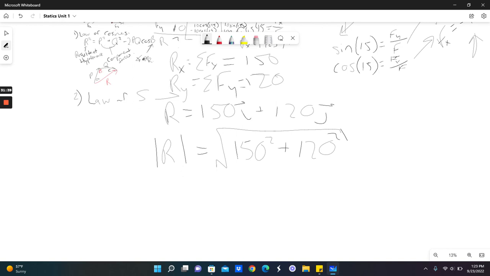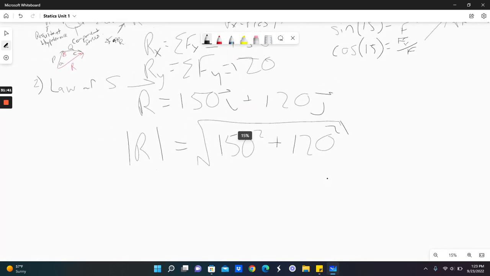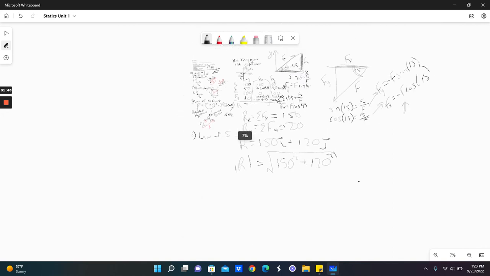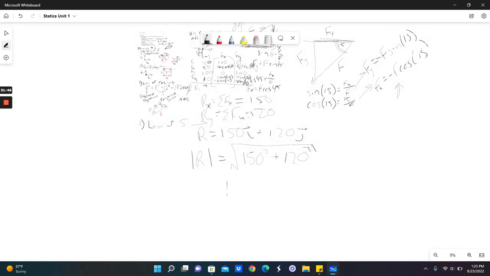Your direction is going to be a little bit different. In this case, it's an easier one because we have two positive values. So our force would be going somewhere around that direction. That would be where R went. We want to find this theta. Our x element down here is going to be 150, and our y element is going to be 120.